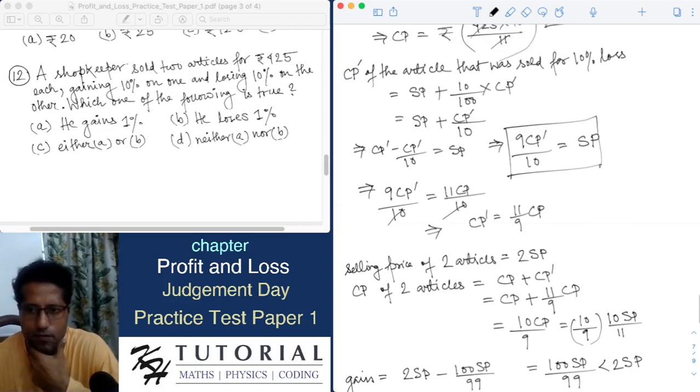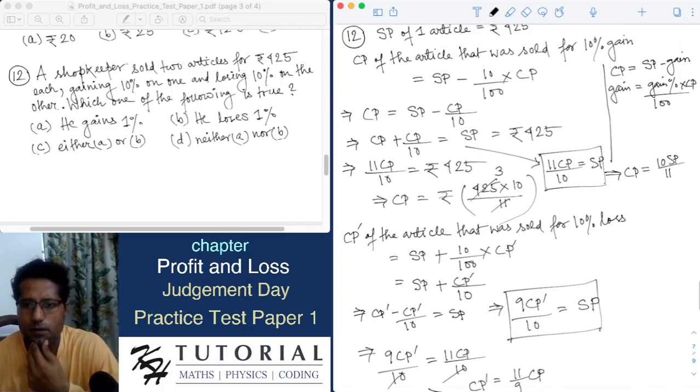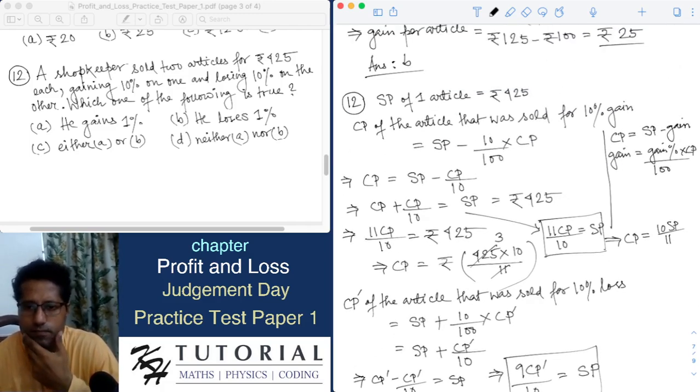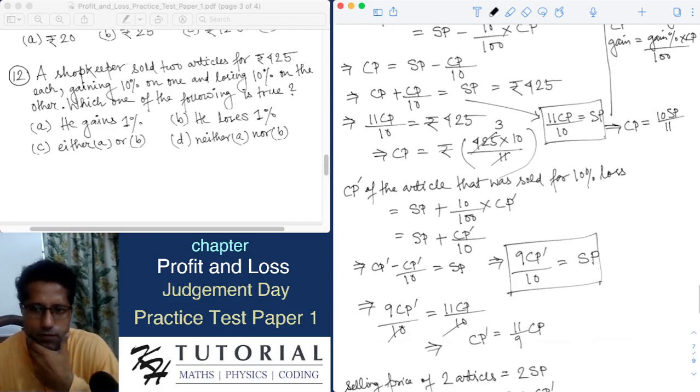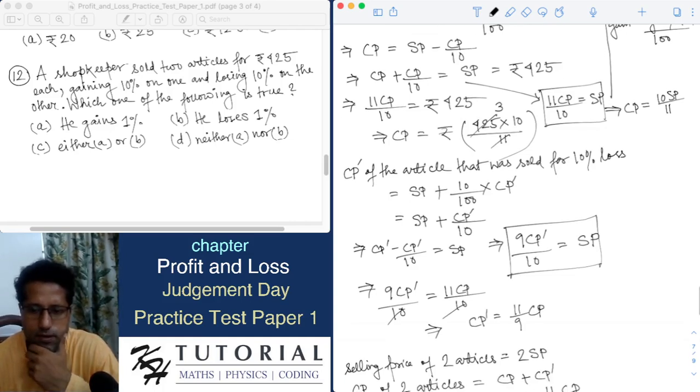And from the earlier part we found that CP equals 10 SP by 11, and in case of the selling of the article with 10% loss, we found that 9 CP dash by 10 equals SP.